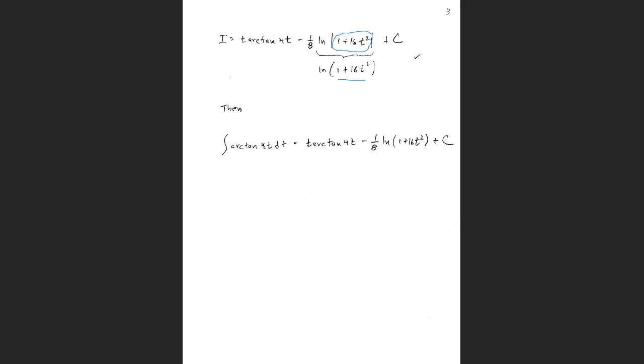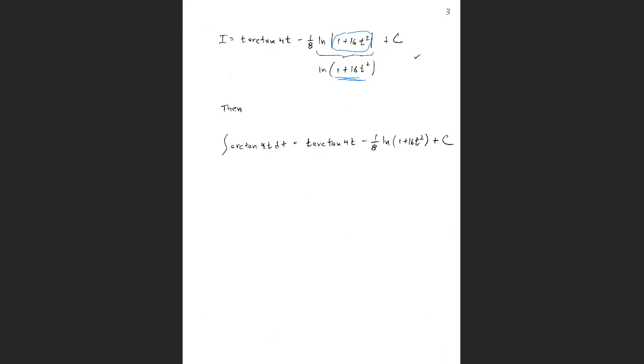The log of the absolute value of 1 plus 16t squared is the same as the log of 1 plus 16t squared. Why can I drop the absolute values? You can't always do that, right? Yeah, since there's a t squared, we always get a positive number. That's exactly right. Very good.